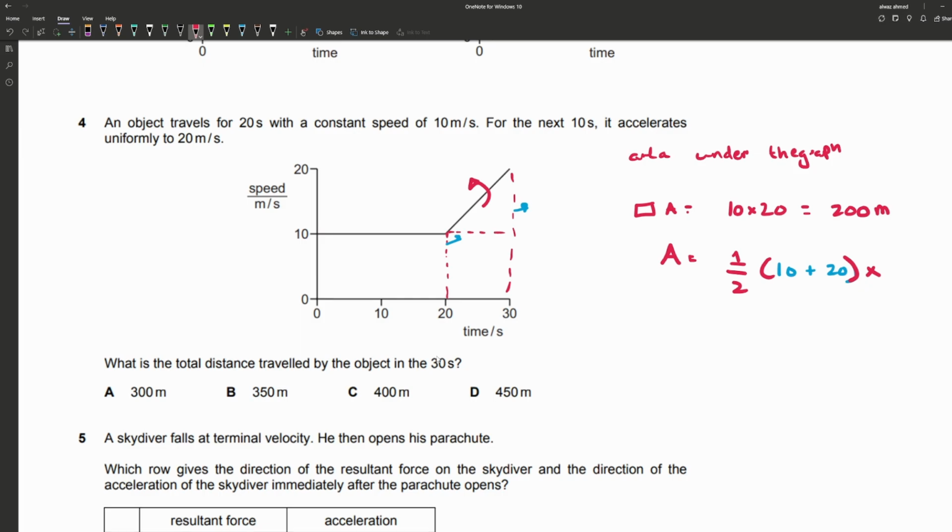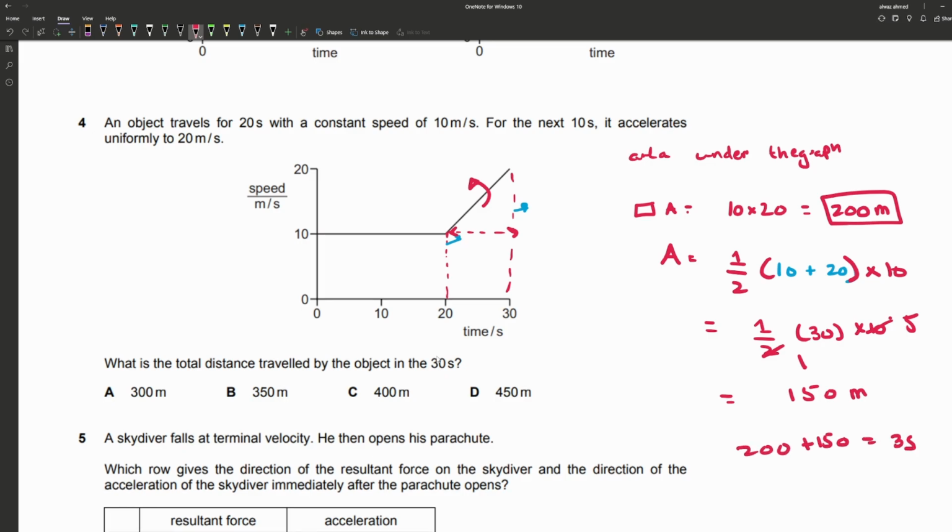The height, this is the height we're talking about, and this is 10. So if we solve this, we get 1 over 2 times 30 multiplied by 10, 2 ones are 2, 5s are 150 meters. Now we're going to add both of the distances that we've calculated. So we add 200 and 150, and we get our final answer, 350 meters. So B is the correct answer.